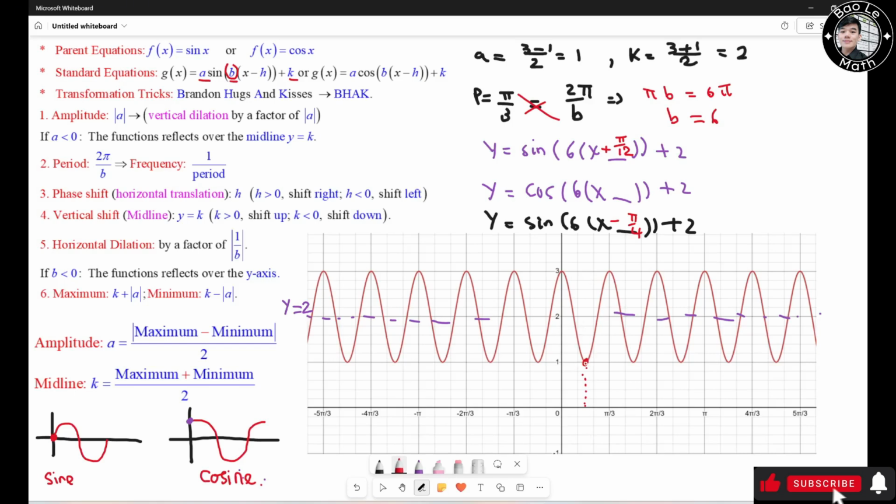But if you look at this one right here, the cosine function starts from the maximum, this is the minimum, so it's going to be upside down, which means it reflects over the midline. So you need to put the negative sign right here. You shift to the right pi over 6 units, so this one should be subtract pi over 6. Now you have infinitely many solutions. You can pick any points right here and you could write a different sine or cosine function for this graph.